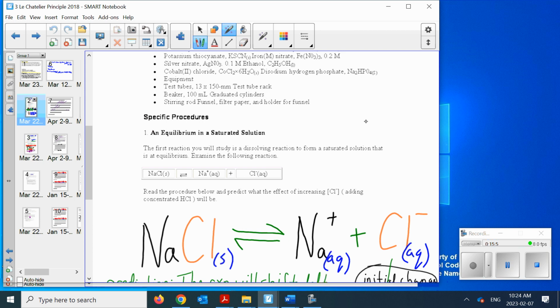If I give this time, it'll settle out. Now this stuff I'm not worried about because it's sodium chloride.